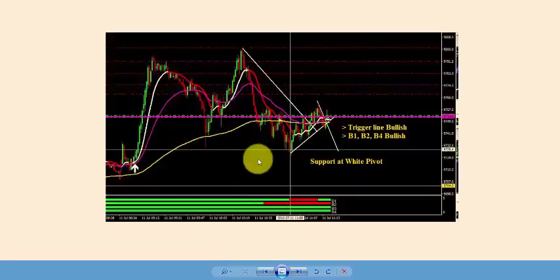A, I've got a double bottom here. B, I've got a support at the white pivot. Prices go up, pull back, and the trigger line changes from red to green or white in this case, and prices go up. I basically enter as soon as the trigger line confirms a buy mode.